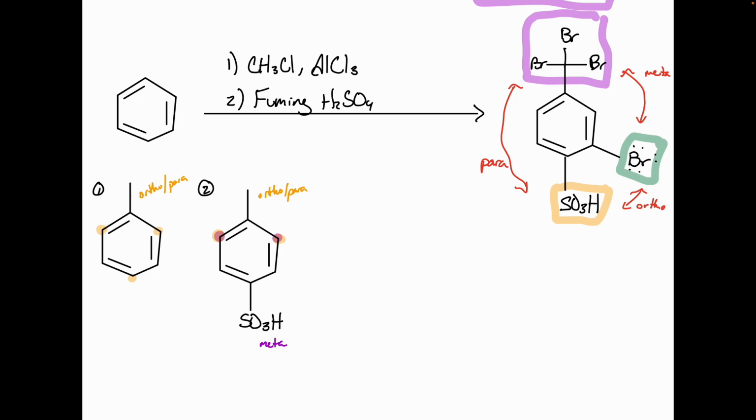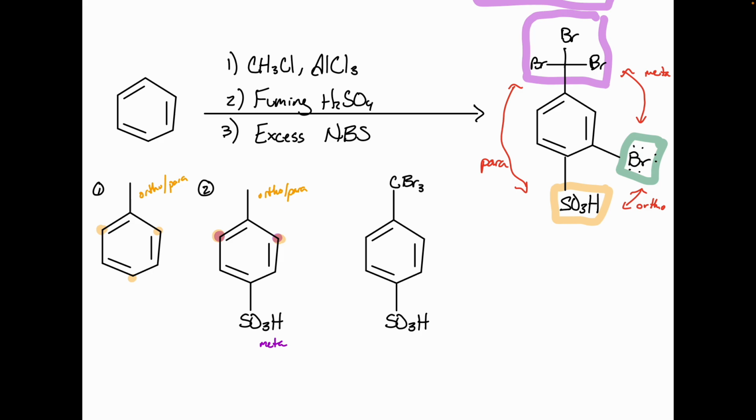So we're going to have to now change the characteristic of that alkyl group by using that excess NBS. Now that goes from being this ortho-para director to a meta director. I'm just going to say CBr3.